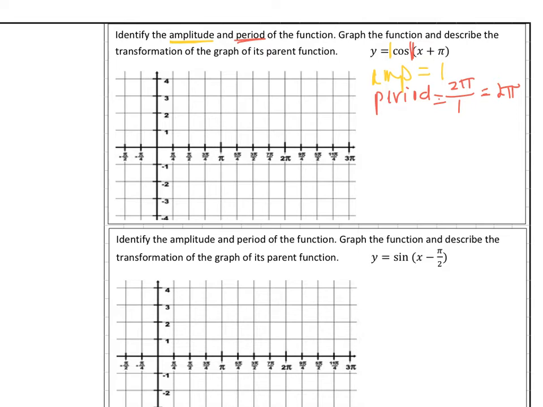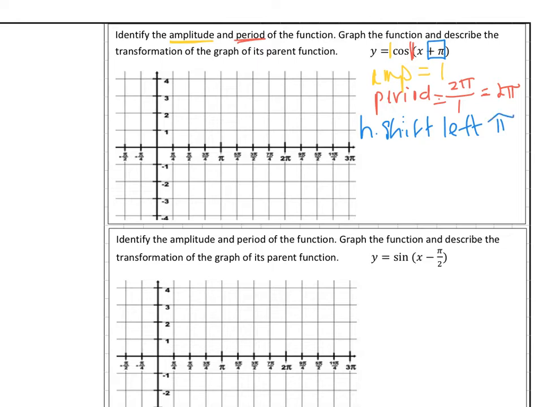Then we've got in this case, a horizontal shift. And so since we are adding pi, that's going to shift to the left. Remember how we always do the opposite? You're rebelling against your parents or whoever you live with.